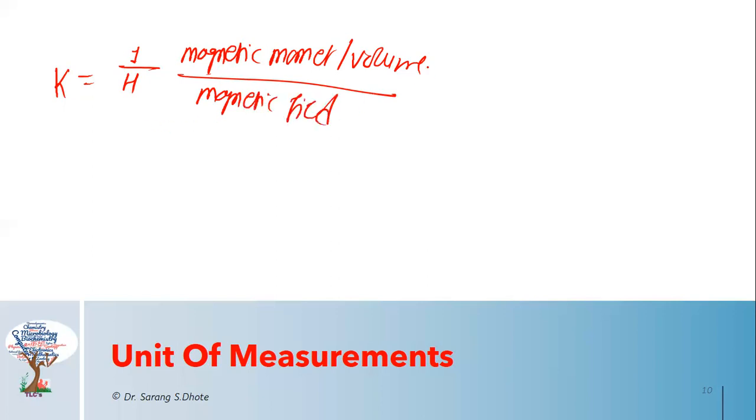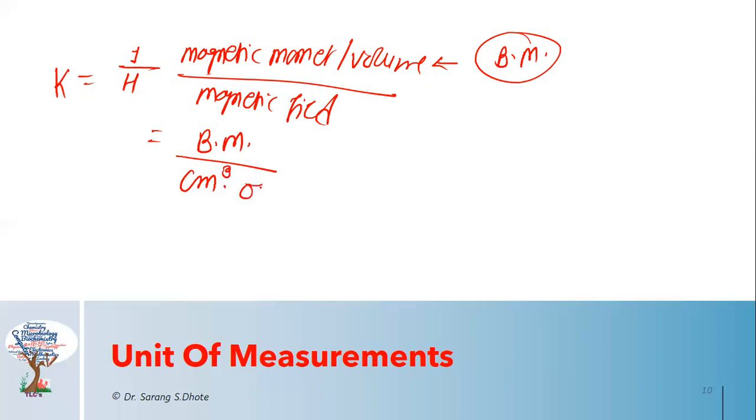We know that the magnetic moment is denoted by the unit Bohr magneton. So that unit is Bohr magneton divided by centimeter cube, and H is in oersted. So the overall unit is Bohr magneton per centimeter cube per oersted. This is the unit of measurement.